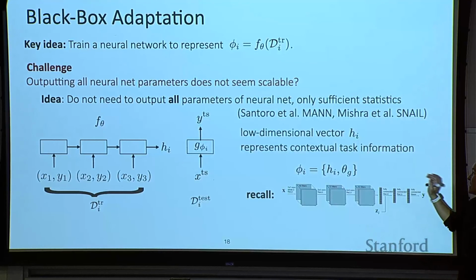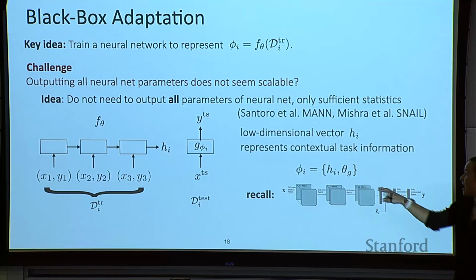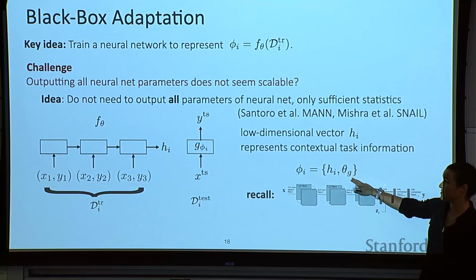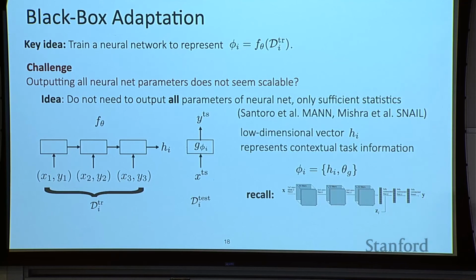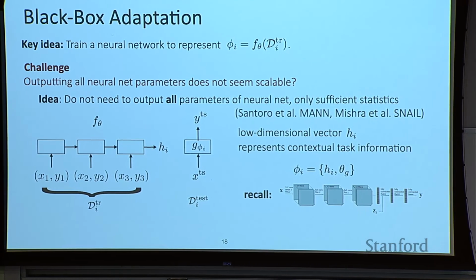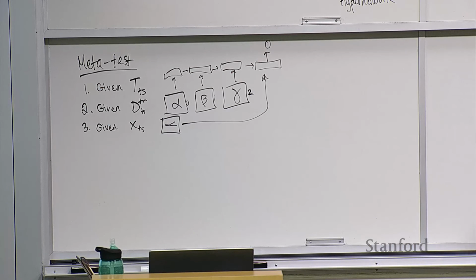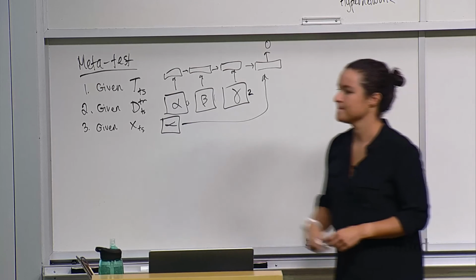And that's how we make it possible to have h i be only a low-dimensional vector. Likewise, theta G may have some parameters that are shared with the other part of the recurrent neural network, because, for example, you may have the encoder of the image be the same for the training examples and test examples.